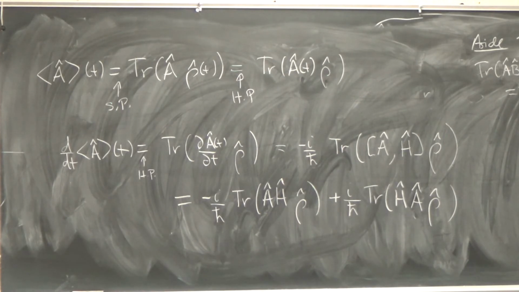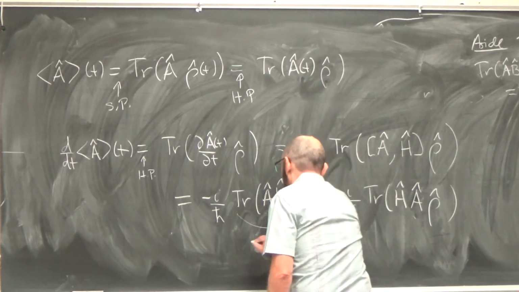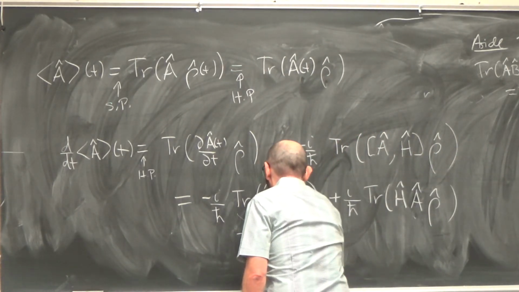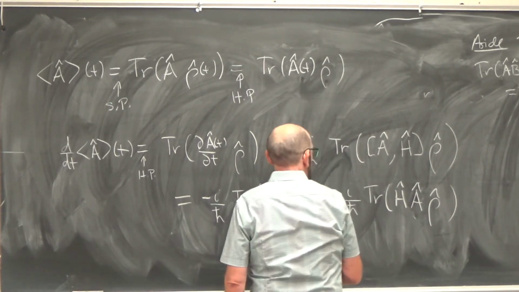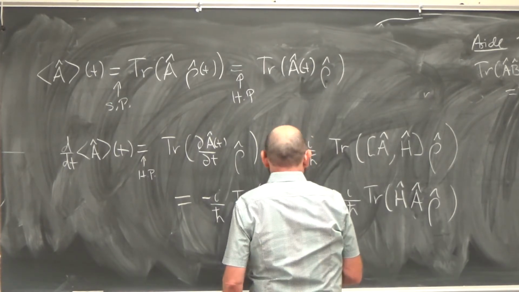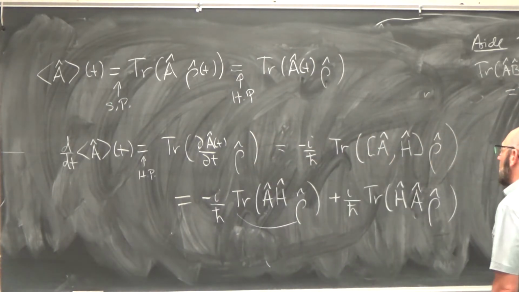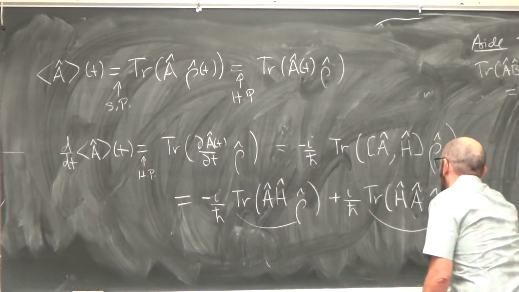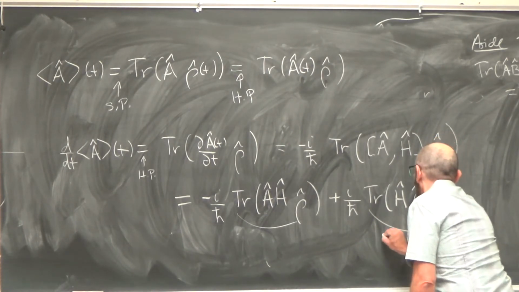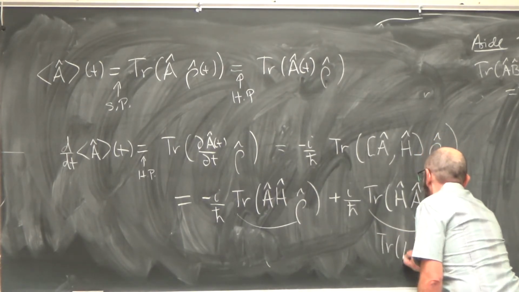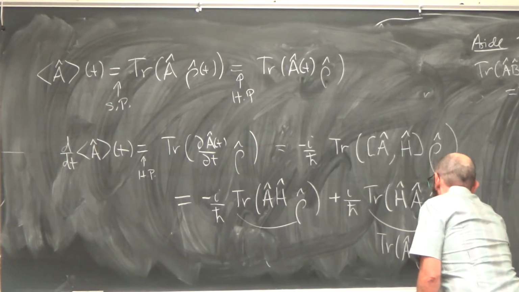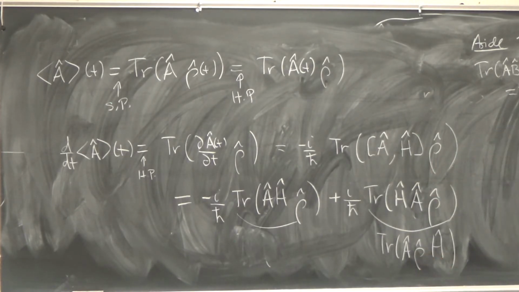So, this trace is equal to the trace of rho. No, I'm going to leave that one alone. And write this guy as the trace of A rho H from the cyclic property, right? I can move this to the other side.